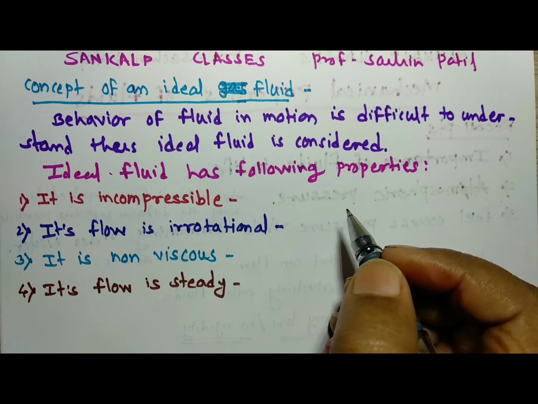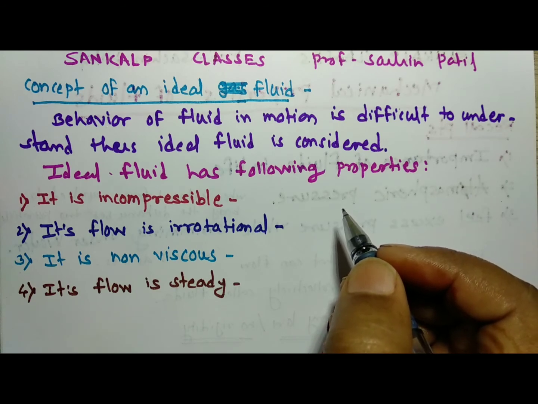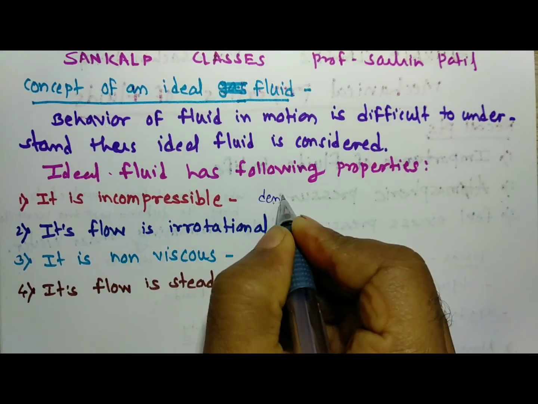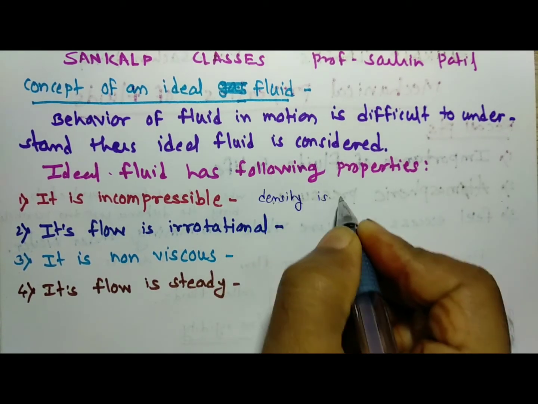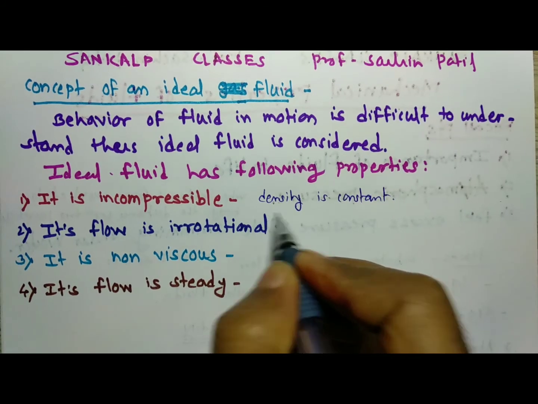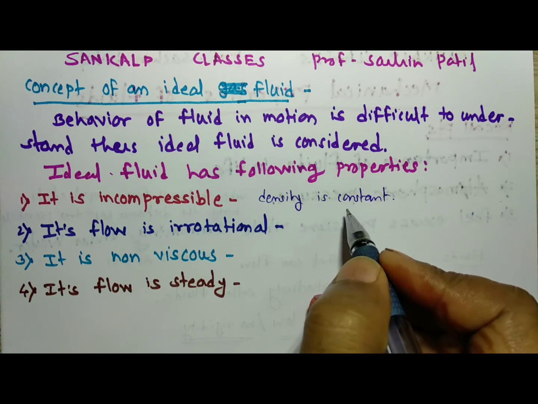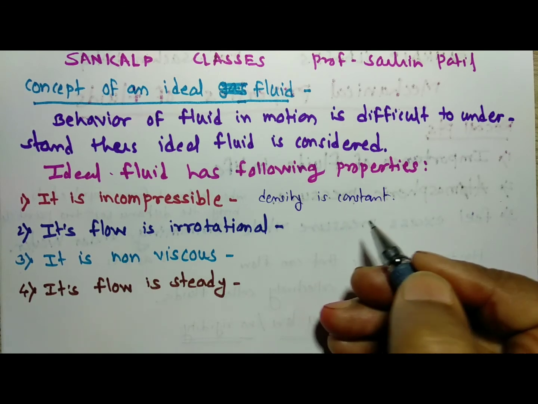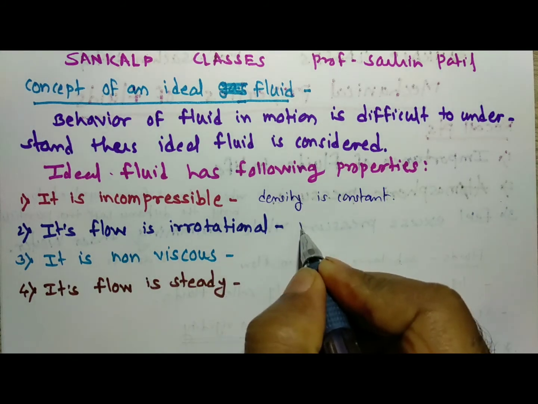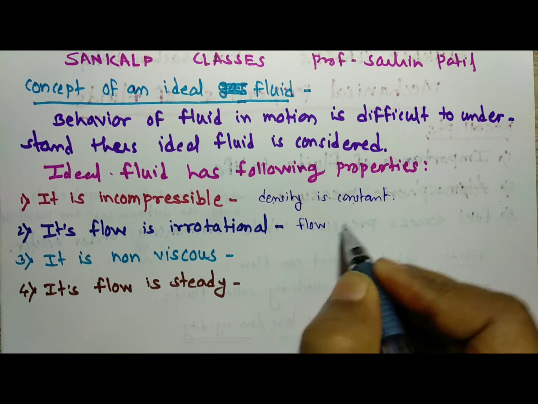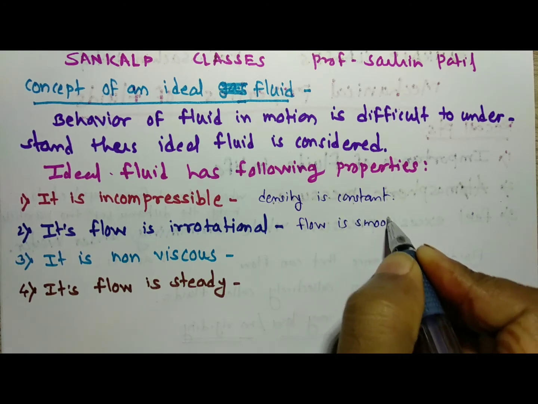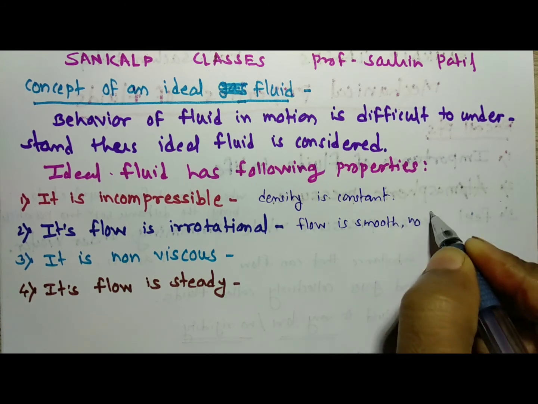The first property is that it is incompressible. What does it mean? Incompressible means the density is constant. The fluid has constant density. Its flow is irrotational. That means the flow of the fluid is smooth. It is not turbulent.